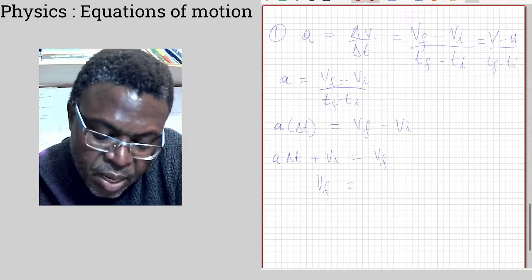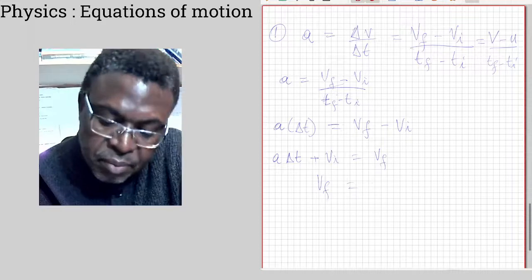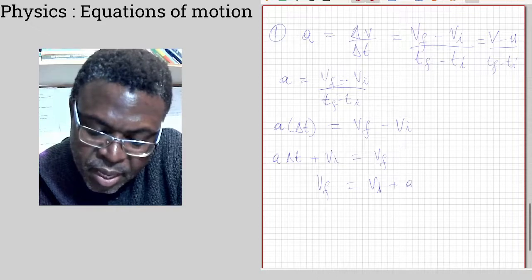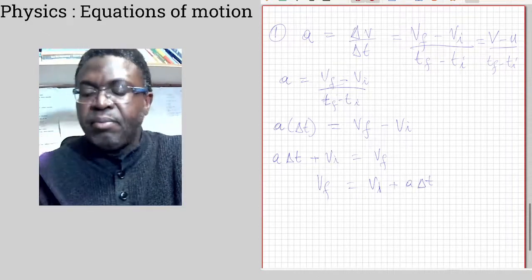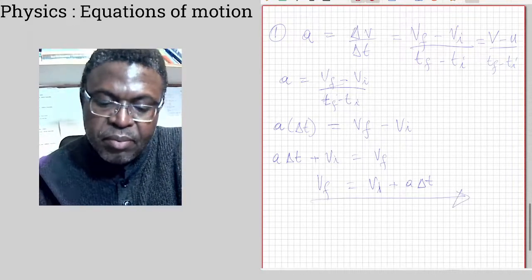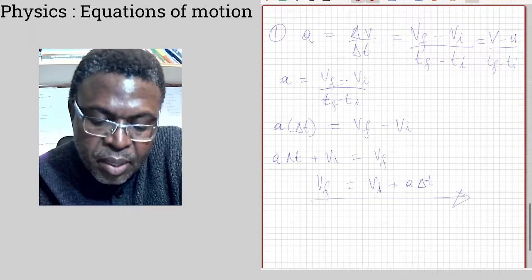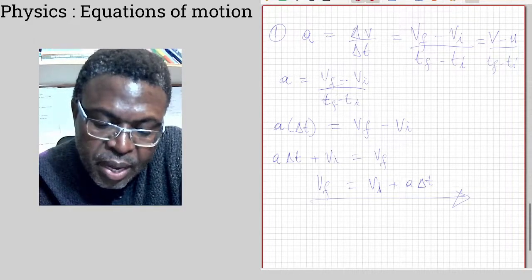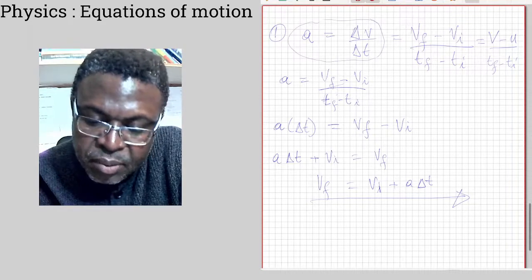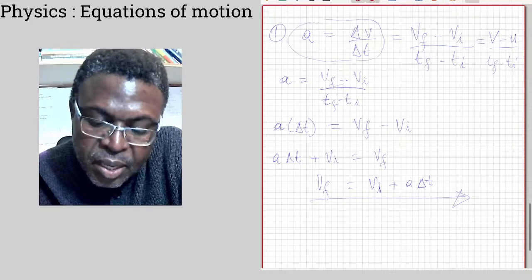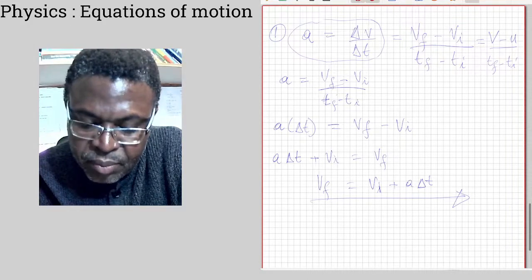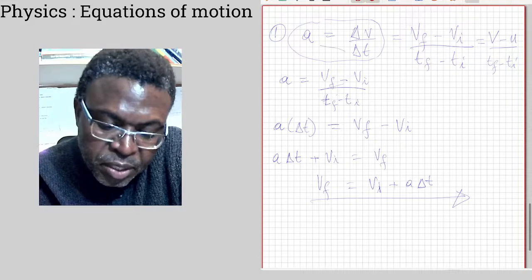Voila. We have our first equation of motion: Vf equals Vi plus acceleration times change in time. This is how you derive it. Simple. Look, here you had your acceleration equation, and your change in V is Vf minus Vi over change in T. So you just do cross multiplication.